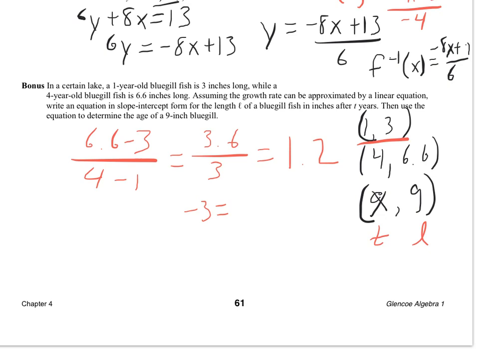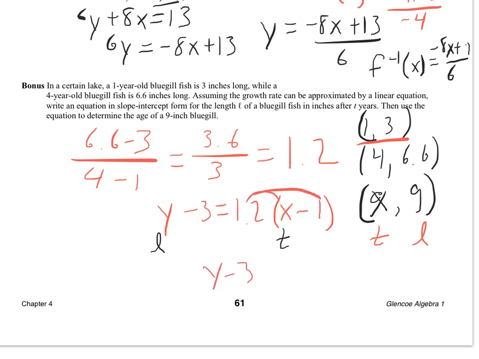Well, I'll keep it as a y, it doesn't matter. I'm just being picky there. Y minus 3 equals, what did I say, 1.2 times x minus 1. Now again, guys, if you wanted to be really technical, x has now been changed to t and y has now been changed to L, but it really doesn't matter. Okay, let's distribute.